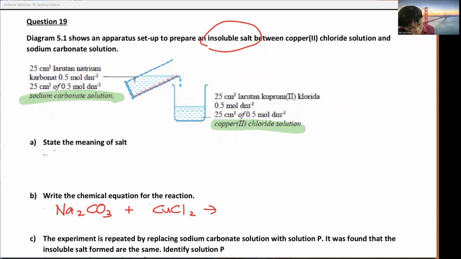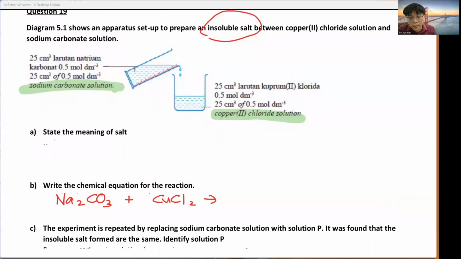You need to guess which insoluble salt is produced. So we do the exchange partner first. Exchange partner means what? The Na with Cl will become NaCl. Then after that, the Cu and CO3 will be another product.